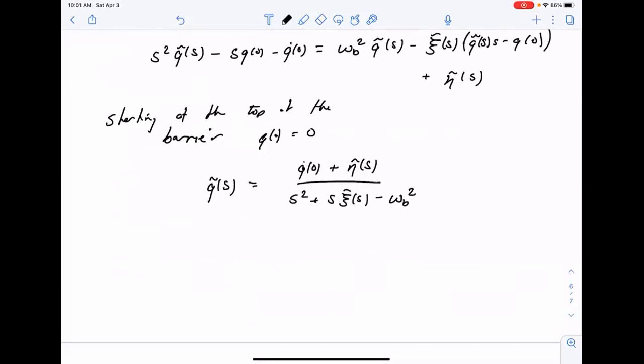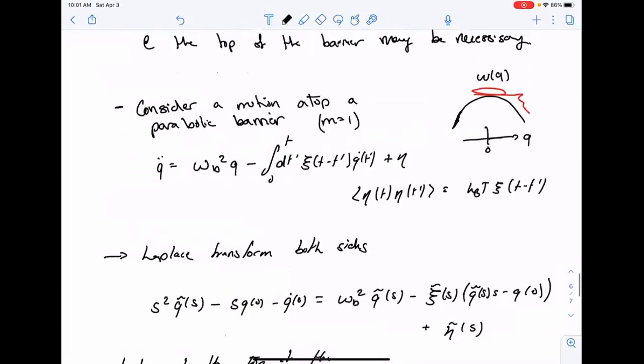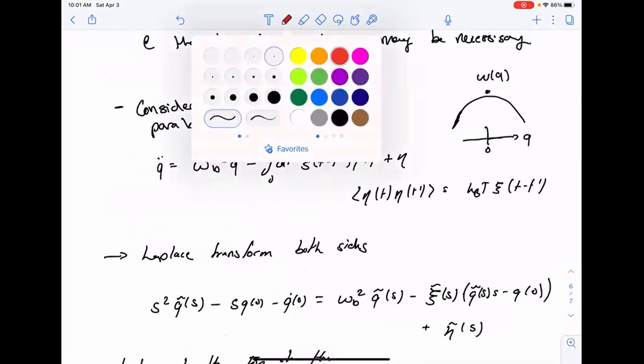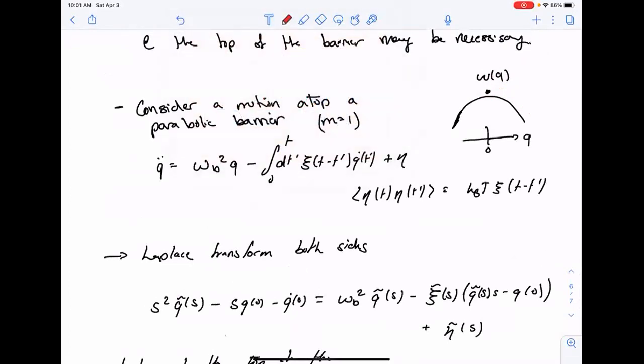Now remember, to react, we're starting at the top of the barrier. Our transition state theory says we start at the top of the barrier, and we want to know at long times, what is the probability that we end up over on the right-hand side of the barrier, the reactant side of the barrier.